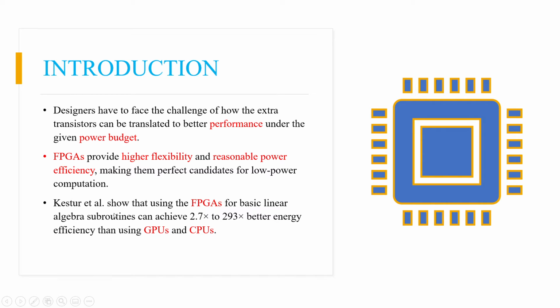For example, Kestur showed that using FPGAs for basic linear algebra subroutines can achieve 2.7 to 293 times better energy efficiency than using GPUs and CPUs. In this paper, they propose a 3D hybrid architecture for low power computation to forestall the dark silicon problem while enabling the highest performance possible without hitting the power wall.